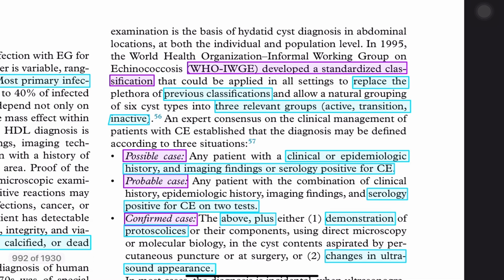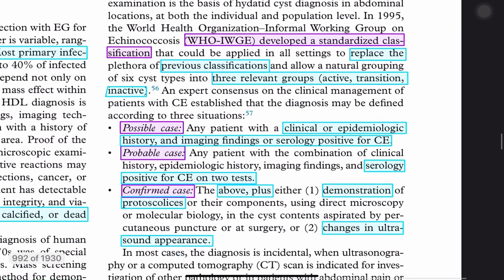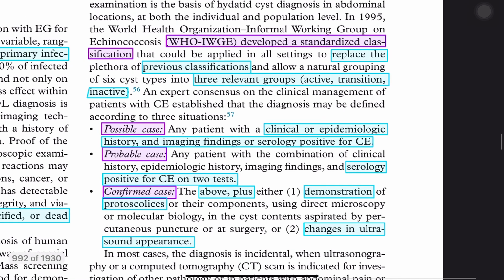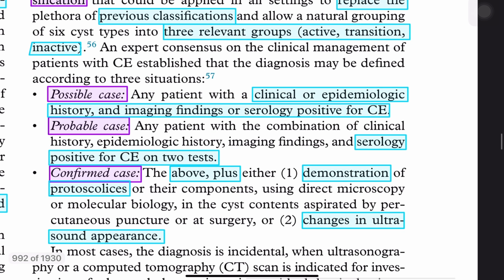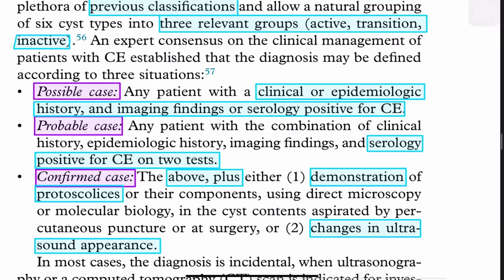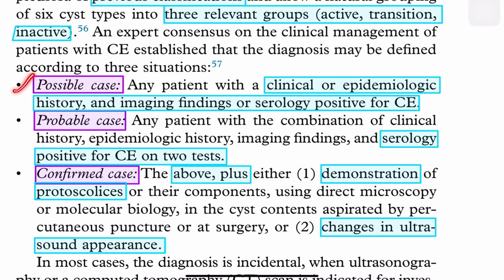Already told, the WHO USG classification replaced the previous classification of active, transition and inactive. Now WHO has given the new classification: possible case, probable case and confirmed case.